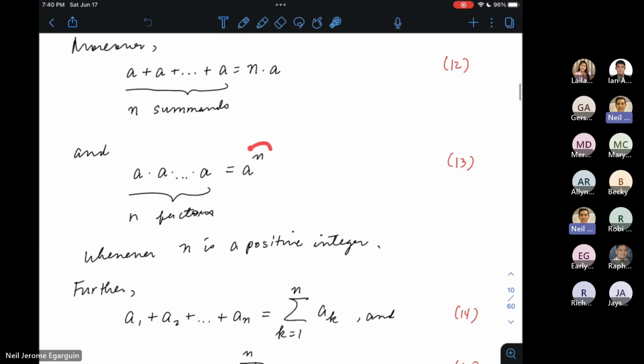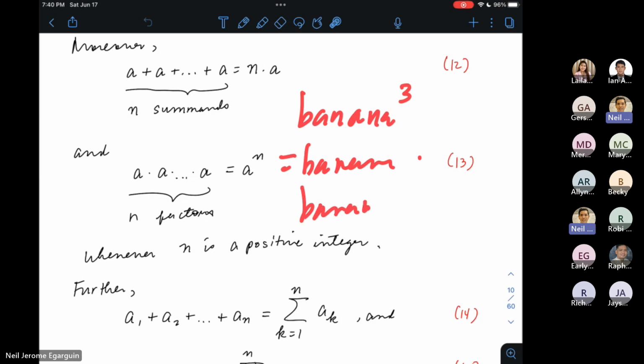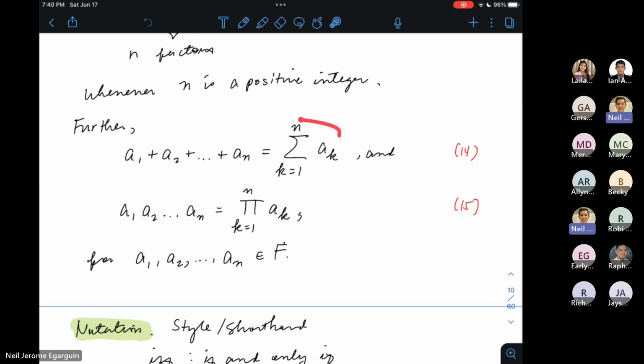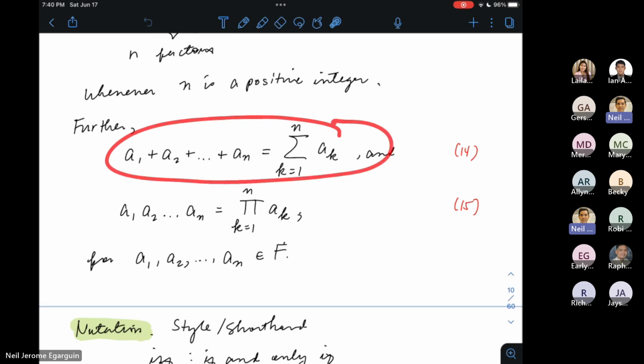Then ganun din sa exponentiation. Pag nakakita kayo ng banana cubed, this is just banana times banana times banana. Right? Para lang mas maiksi silang isulat. And then, usual sigma notation for addition.